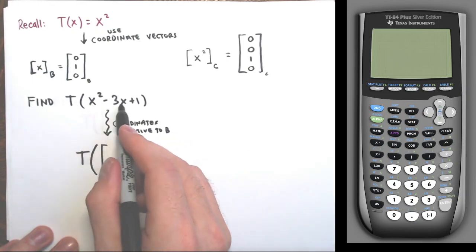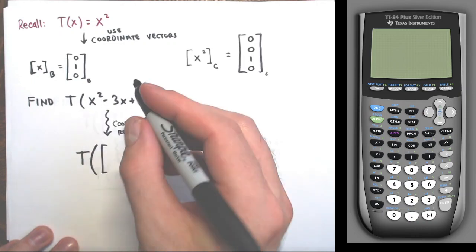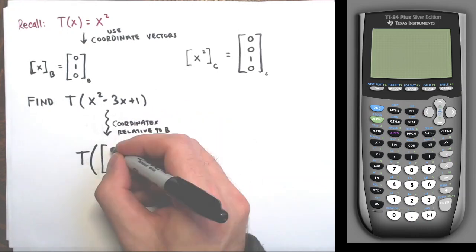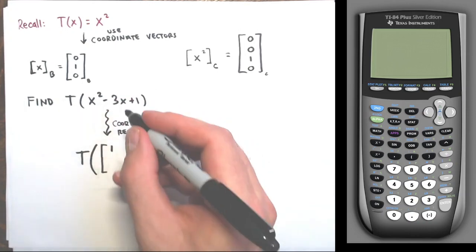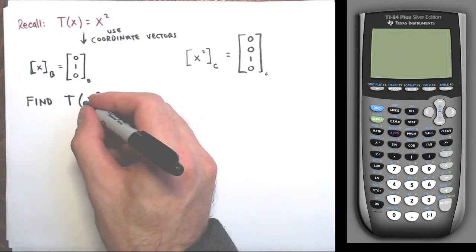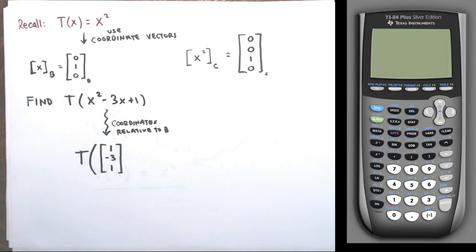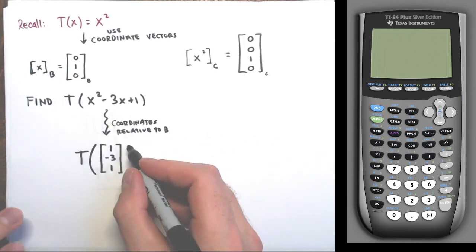So T of, and the coordinates of this vector relative to B: remember my first vector in the basis was 1, so I'm looking at the constant term first, so 1 times 1 plus negative 3 times x, and then plus 1 times x squared. I'm doing it in the order that I put the vectors in the standard basis. If the vectors were in the other order, I'd write it in the other order.